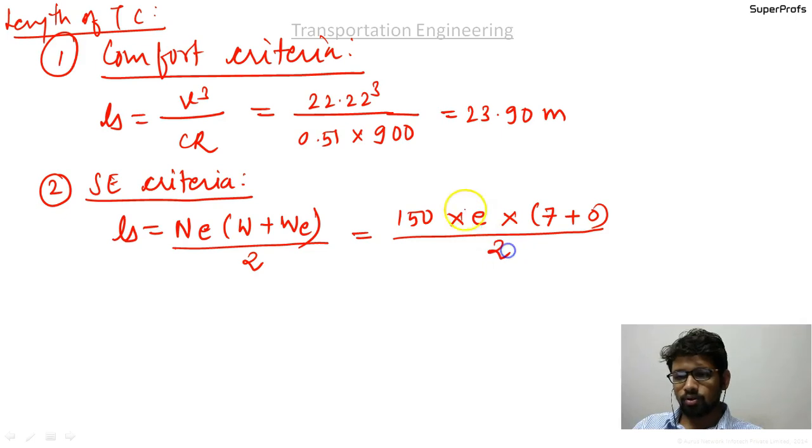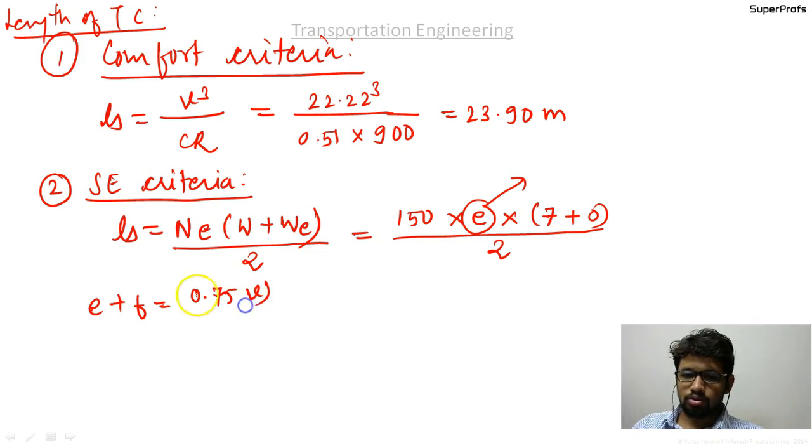So we need to find out what will be the E. E is the unknown. But we can find out E based on the condition, that is, consider the equilibrium super elevation and mixed traffic condition, so that we will use the formula E plus F equal to 0.75 small v square upon GR.